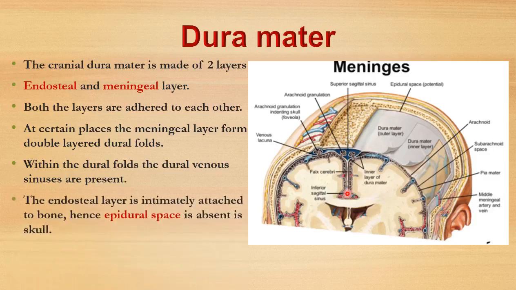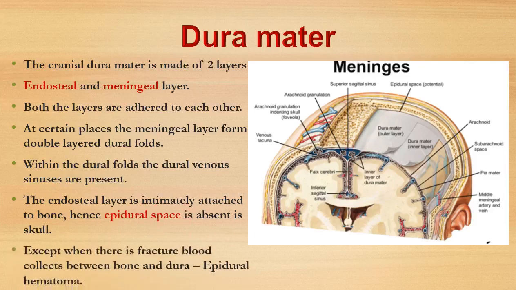As I told you, this endosteal layer is intimately attached to the bone. There is no epidural space in the skull, except when there is a fracture and a hematoma is formed, an epidural hematoma. Then this space is created because of the blood which is collected between the bone and the dura mater.